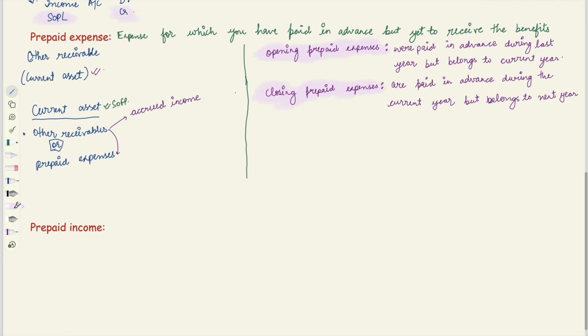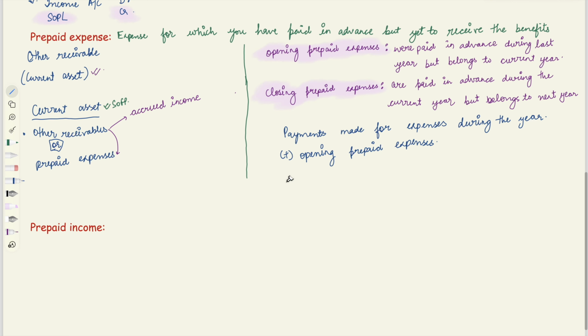So the format will be: payments made for expenses during the year, then add opening prepaid expenses, because these were not paid during the year but belong to the current year, and minus closing prepaid expenses.